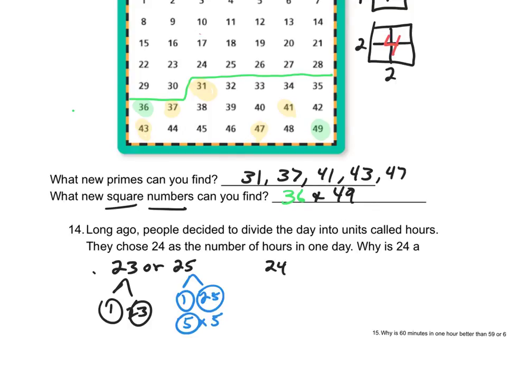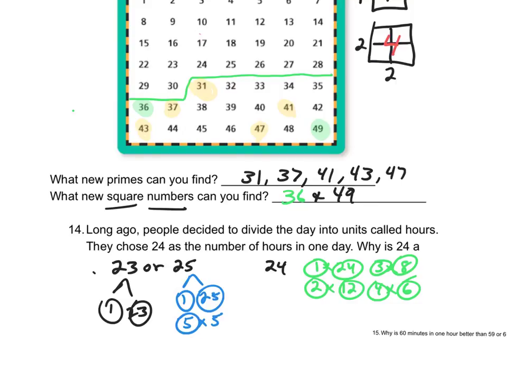Let's do this one in green. So we can say 1 times 24, 2 times 12, 3 times 8, 4 times 6. Did I get them all? 1, 2, 3, 4, 6, 8, 12, 24. So this has 8 factors.